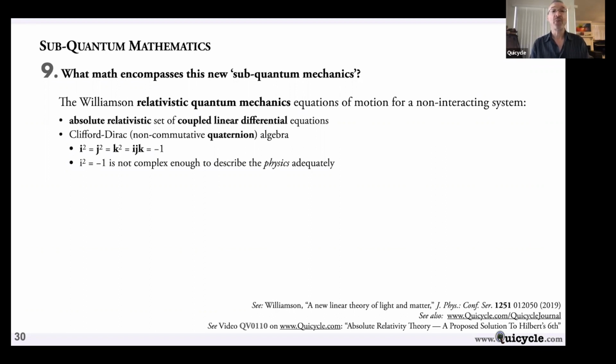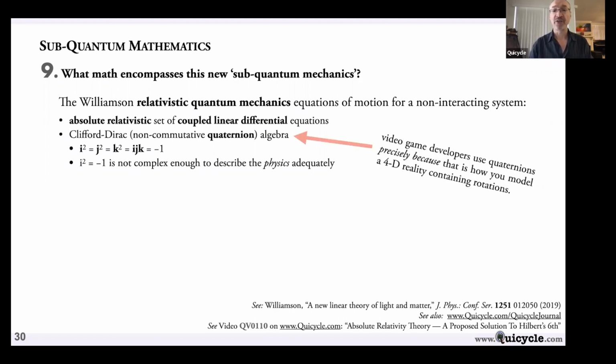The reason for that is important, and that is the same reason that video game developers use quaternions in order to describe the movement in this space, because quaternion algebra is how you accurately represent rotations in a four-dimensional space. If you use i squared equals -1, the normal complex mathematics that we find in normal Schrodinger quantum mechanics, it's not complex enough to deal with all of these rotations in space-time because it needs to be non-commutative.